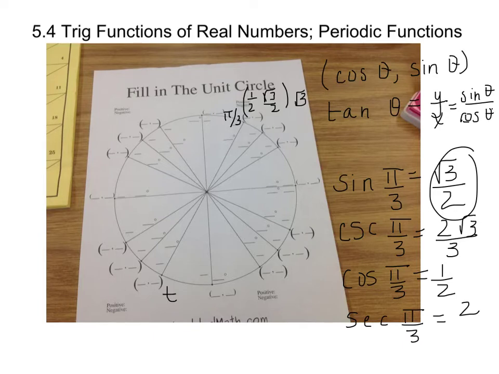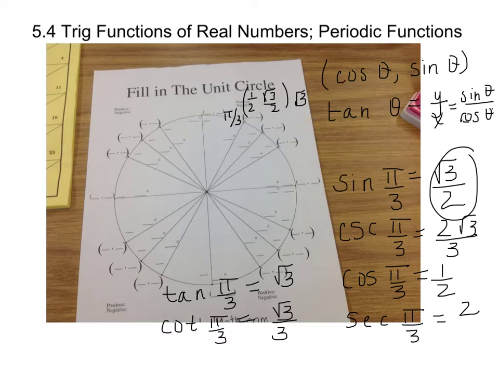I'll just put it over here. Which will mean cotangent would be the reciprocal but rationalized. And those will be all the trig functions of that angle or t, because sometimes they call the angle t.